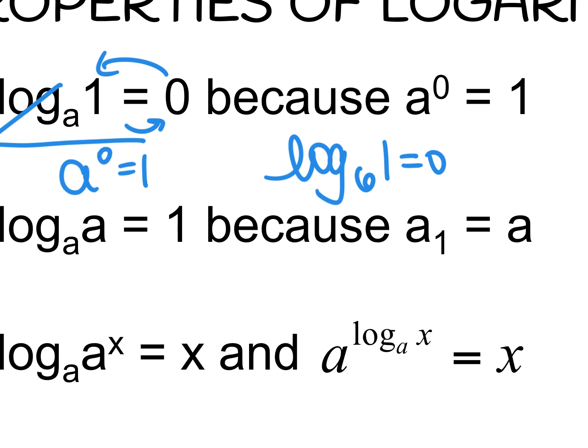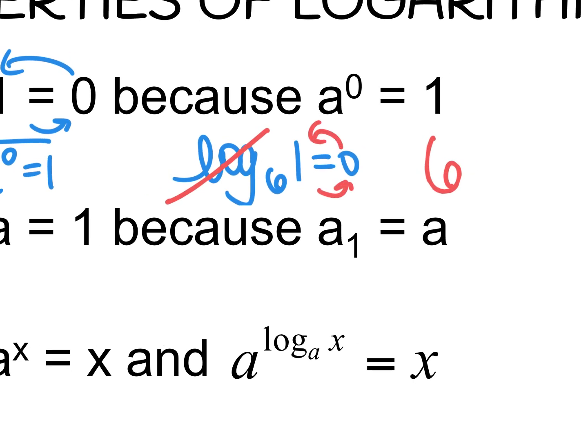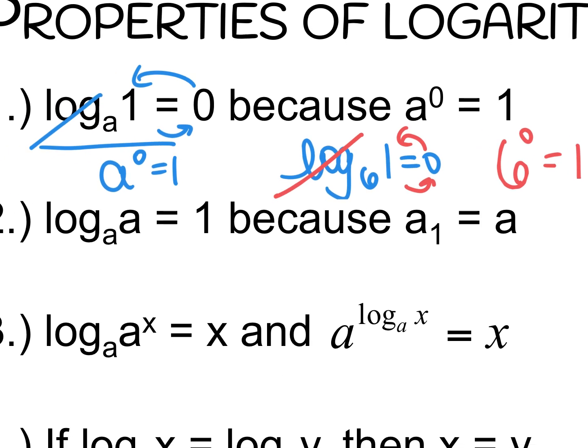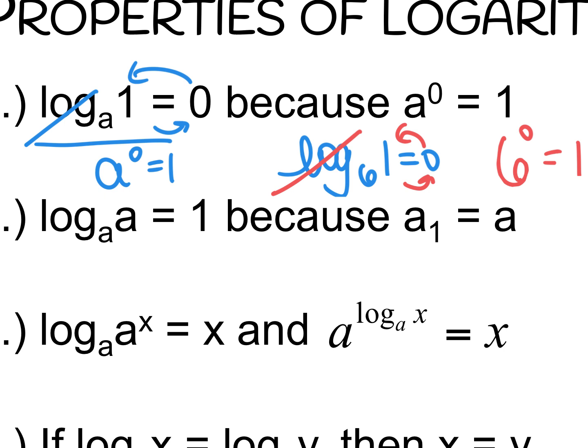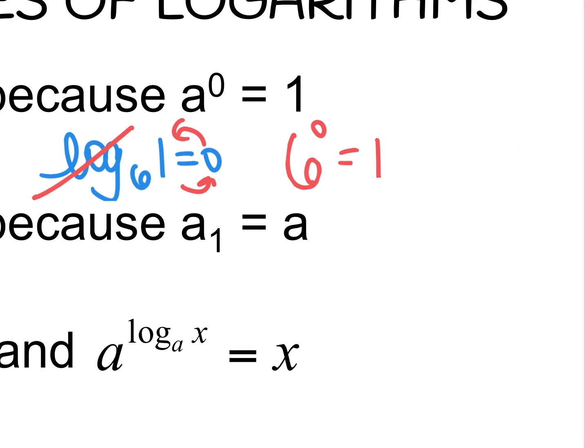Go from log to exponential. If I were to rewrite this, what happens? Log does what? Goes away, 6 becomes big, and what happens with the 1 and the 0? So 6 to the 0 power is 1. Anytime you have log with a number, and it's set equal to 0, like log base, whatever, 1 equals 0, it's always going to be like this, always. You'll see in a second with actual numbers.